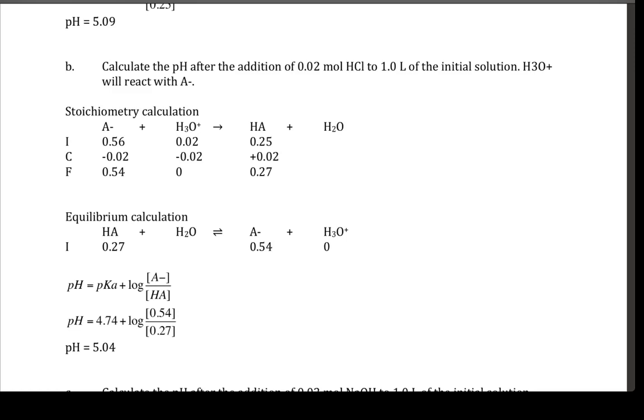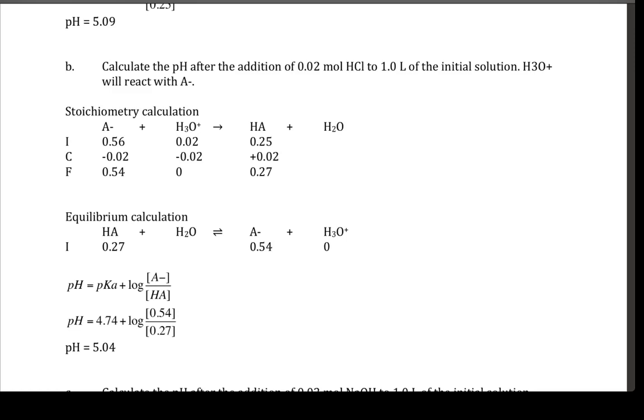We now have 0.02 molar H3O+, so we put that in our I line, and we have in our original, our initial buffer, 0.25 molar HA.